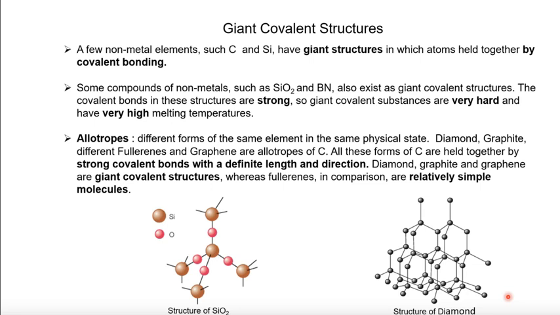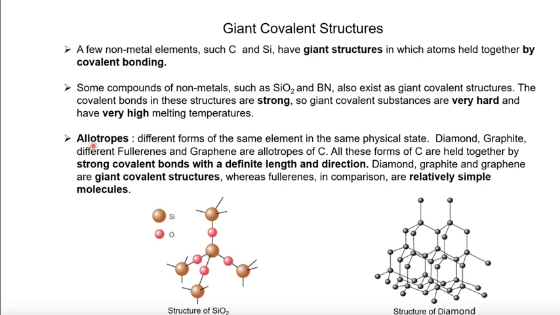Molecules having simple covalent bonds have low melting points and are not as strongly bonded as ionic compounds, but a few nonmetals, as I said, like carbon and silicon, have giant structures. These structures are very strong and have high melting points. Similarly, some compounds of nonmetals, silicon dioxide and boron nitride, also exist as giant covalent structures.